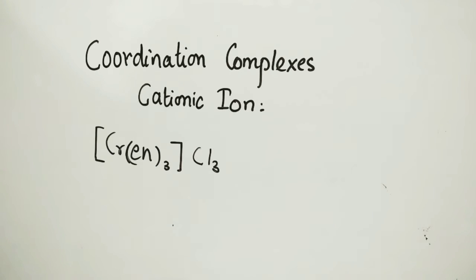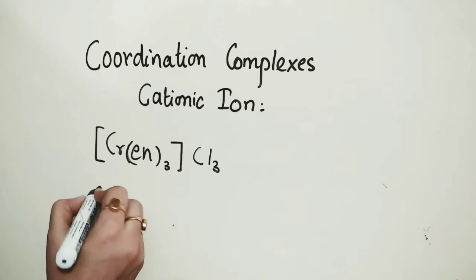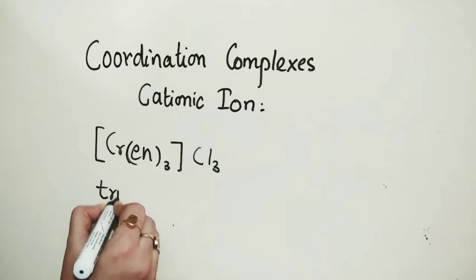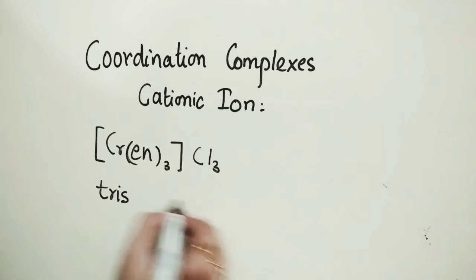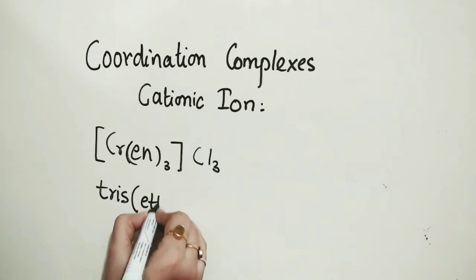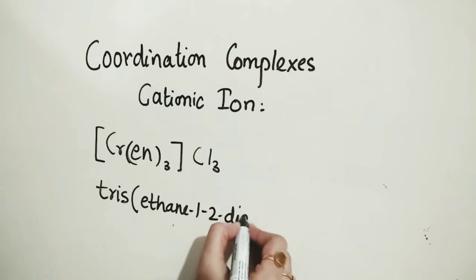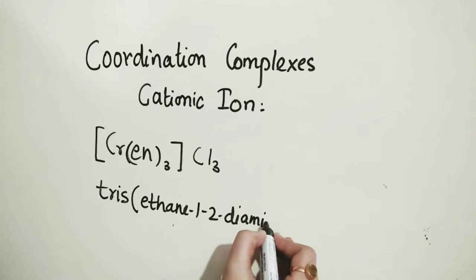Now the next example contains ethylenediamine, but in this case the prefix will be tris. For bidentate and polydentate ligands we use bis and tris. So it is tris(ethane-1,2-diamine). In this case a single M is there.